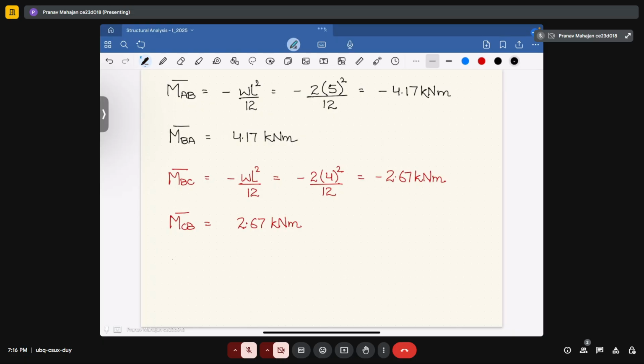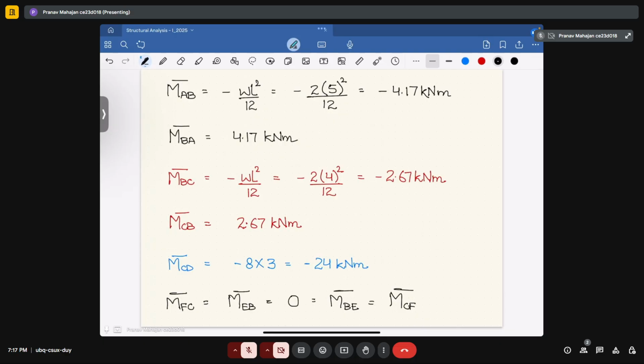Further, this MCD will come out as minus of 8 into 3, that will be minus of 24 kilonewton meter, and the rest are 0, that is M of FC equal to M of EB, and that will be 0. Same for M of BE equal to M of CF.